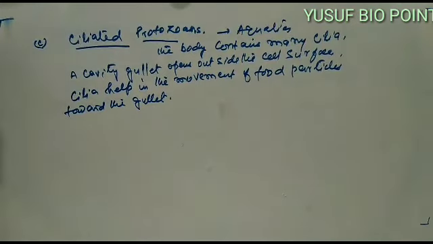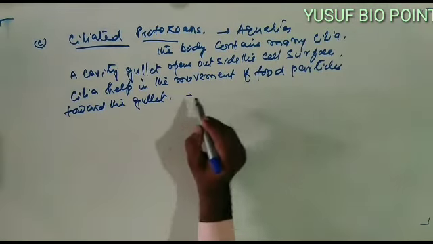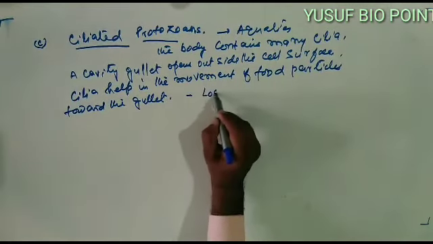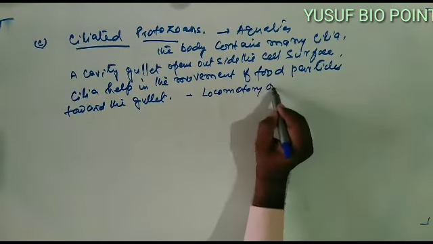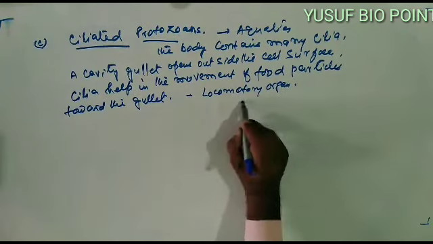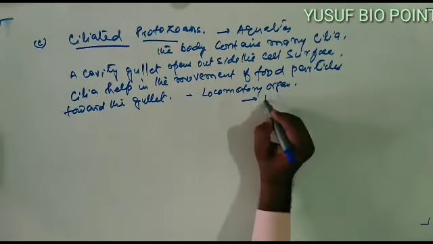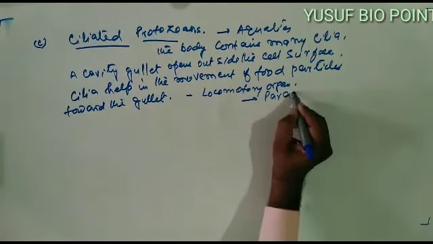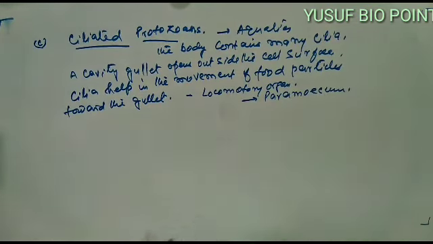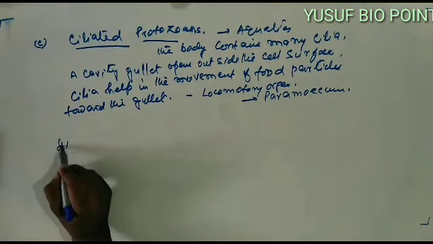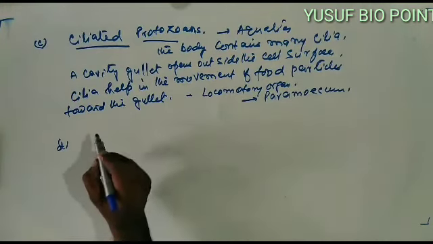Cilia are also the locomotory organs by which it moves. Example, paramecium.